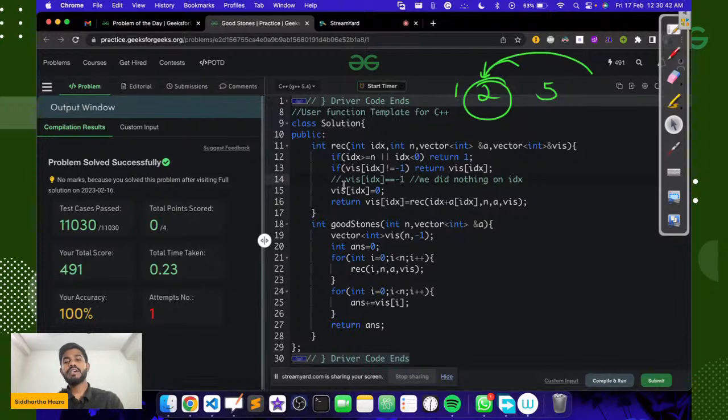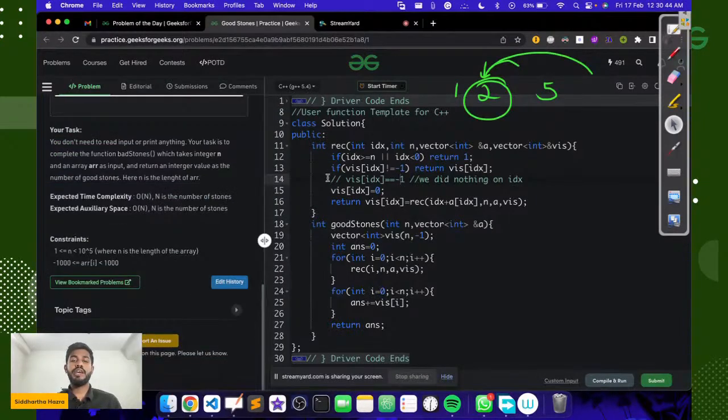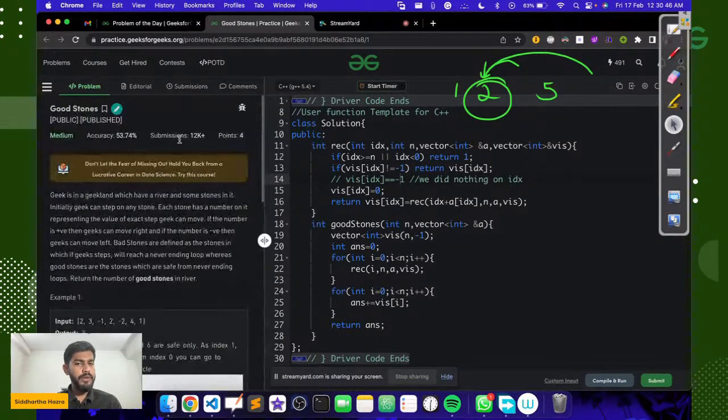This is done. So now basically this is a DP problem. But even if you don't see the DP problem here, we can simply say that if you are coming out of bounds, we would return 1. If we have not visited it, like if we have made a decision for it, this is basically writing the recursive formula.